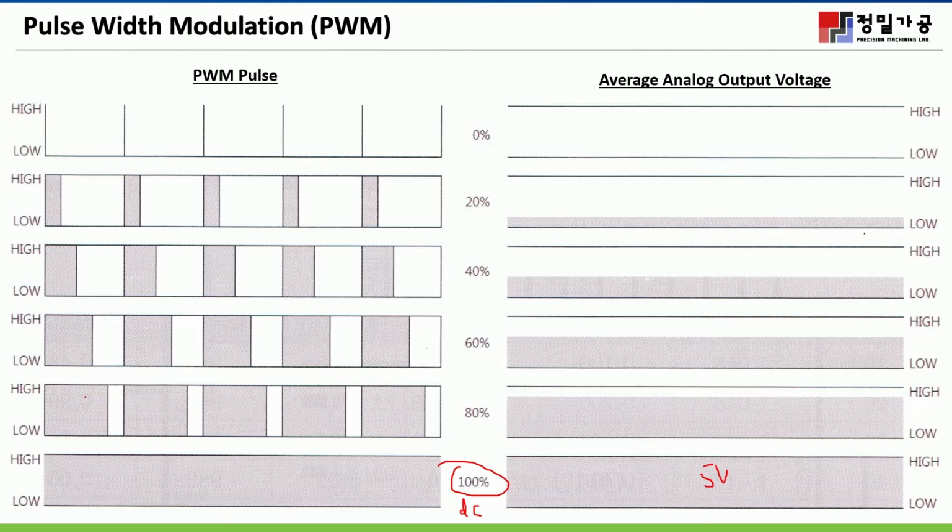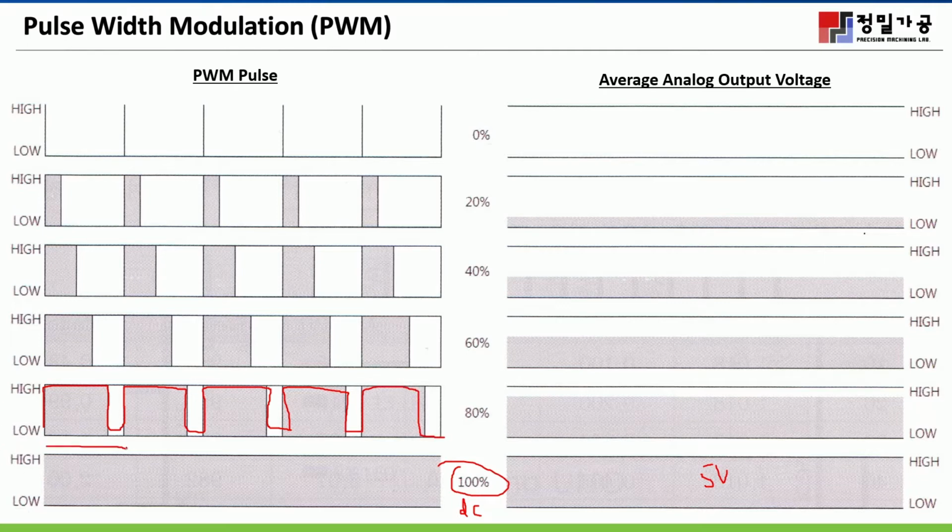So if you use an 80% duty cycle, something like this. This one is an 80% duty cycle.